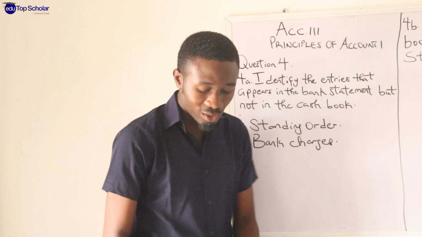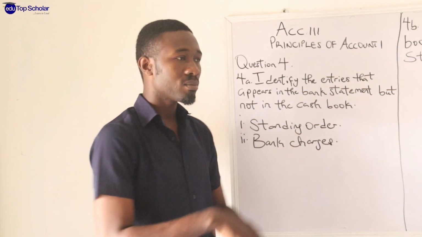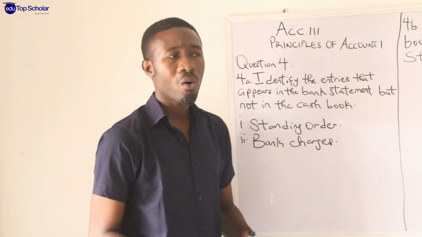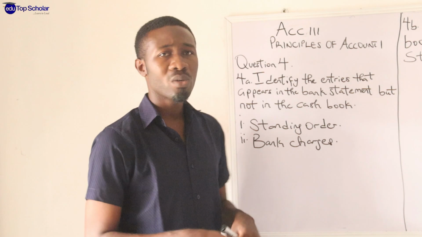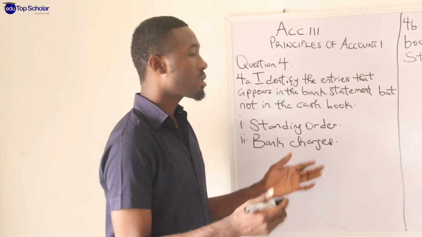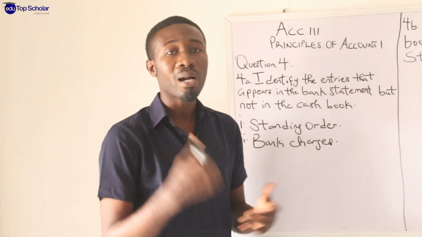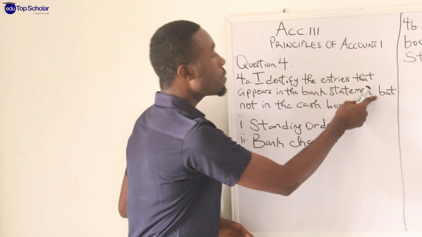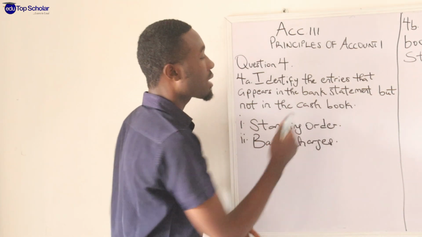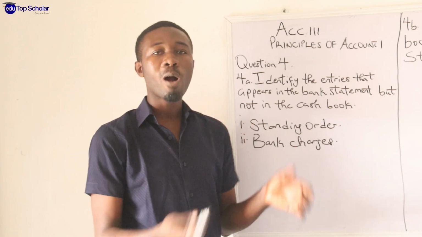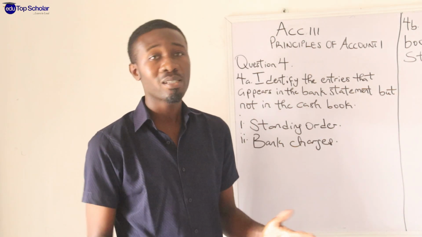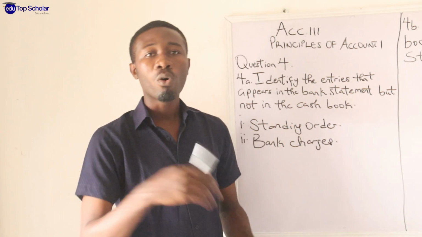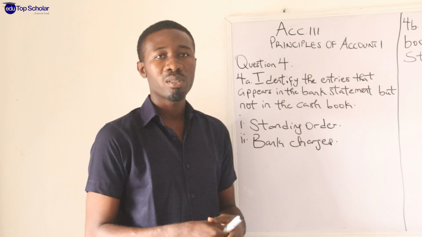Bank charges are deducted by the bank on transactions or from current account holders or anyone. The bank deducts this amount even without your knowledge or your consent. So it appears in their own books but might not appear in your cash book because you don't even know how much the bank will deduct as bank charges, maybe on a transaction or at the end of the month.